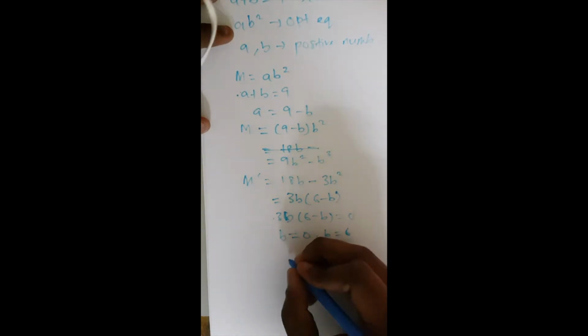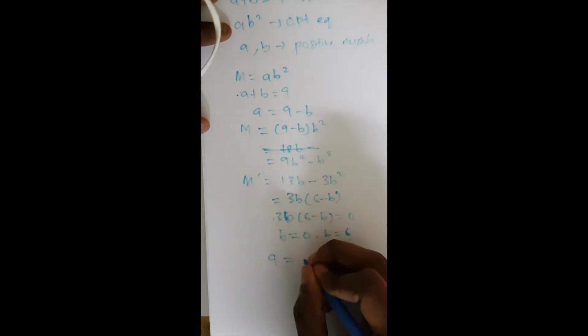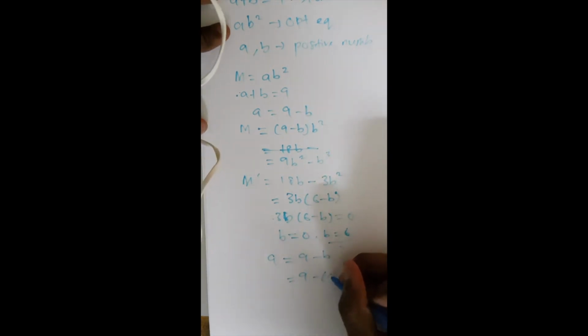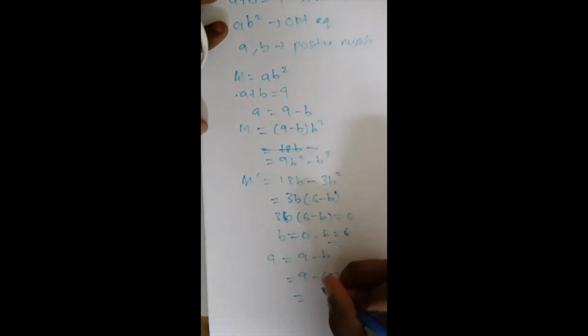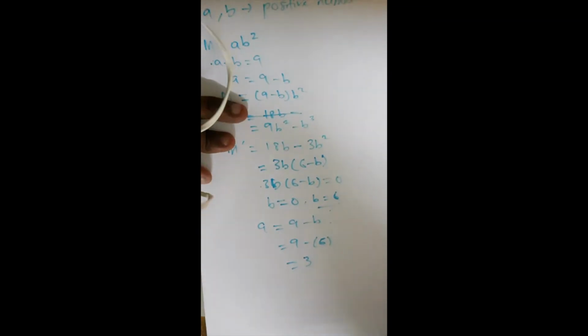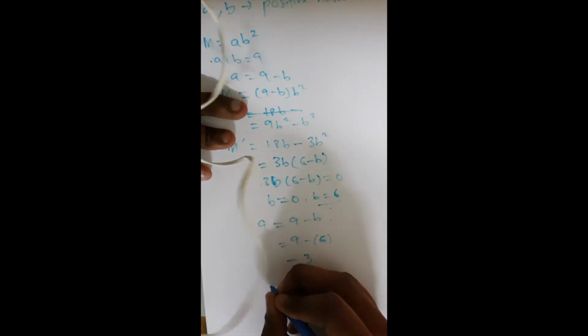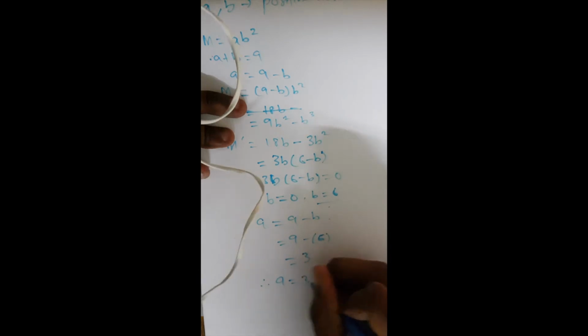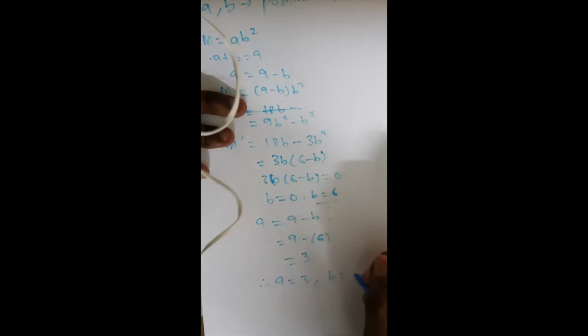We're going to find our a, and that's simple. We already have our equation, a equals 9 minus b. Substitute b into this equation, and hence our a is 3. To conclude, a equals 3, b equals 6.